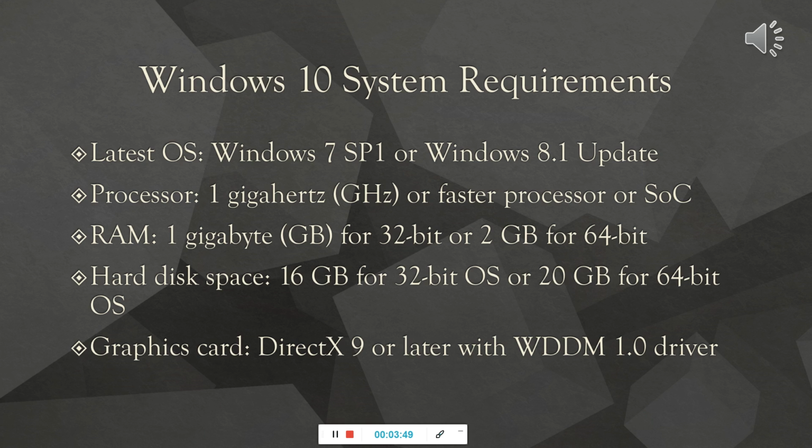Windows 10 also needs a 1 GHz or faster processor, 1 gigabyte of RAM for 32-bit or 2 gigabytes for 64-bit, and 16 gigabytes of hard disk space for the 32-bit operating system or 20 gigabytes for the 64-bit operating system. The current server infrastructure could meet the requirements of Windows 10.